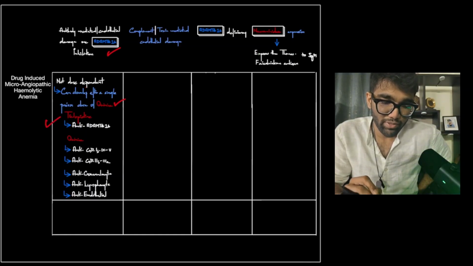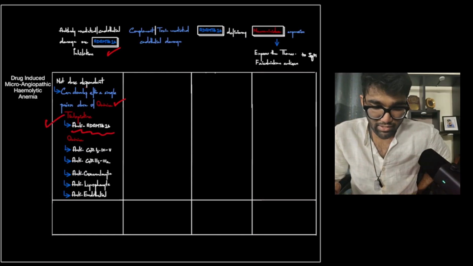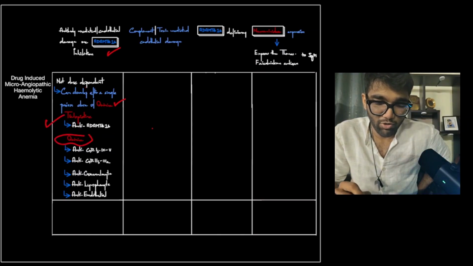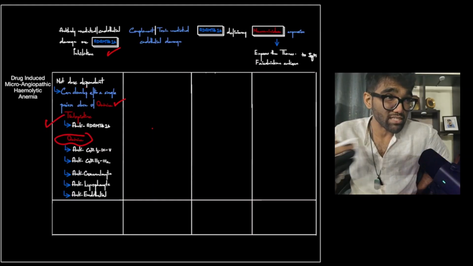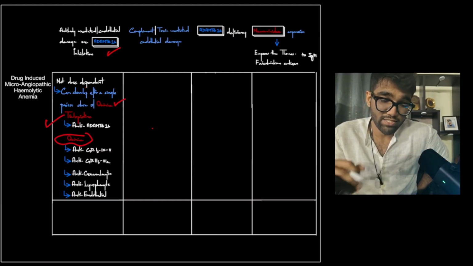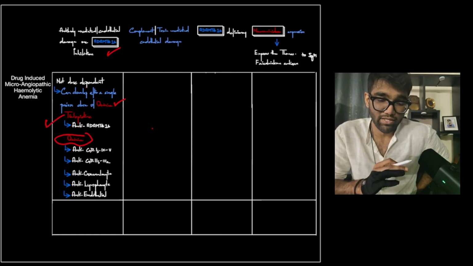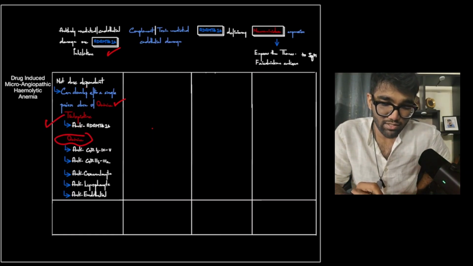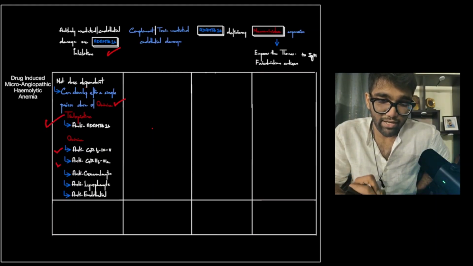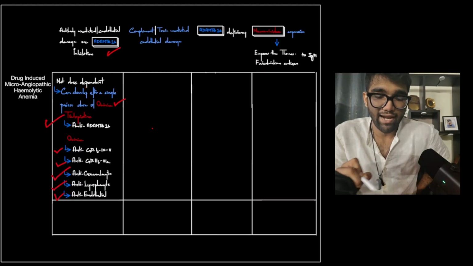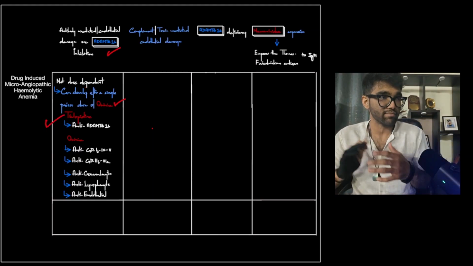It also happens with ticlopidine, and in case of ticlopidine, the antibodies are only anti-ADAMTS13, but in case of quinine, the antibodies are against a host of platelet cell surface proteins, which results in platelet activation without inhibiting ADAMTS13. So that could be against glycoprotein 1b-9, that is the von Willebrand factor receptor, glycoprotein 2b3a, which is the fibrinogen receptor. It could be against granulocytes, lymphocytes, and anti-endothelial cells directly.